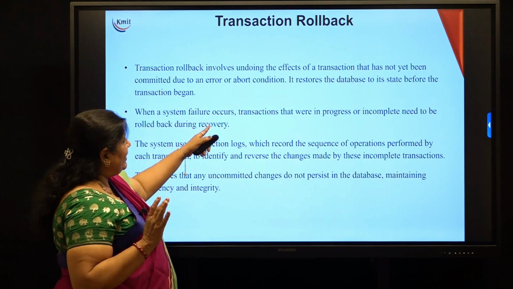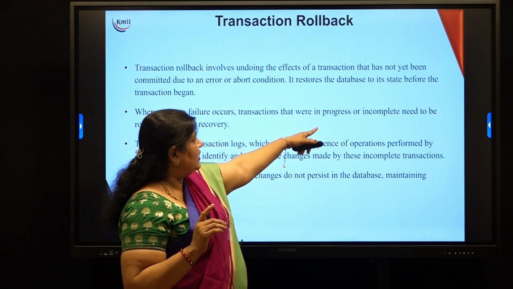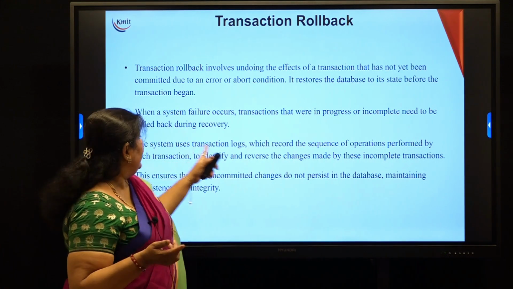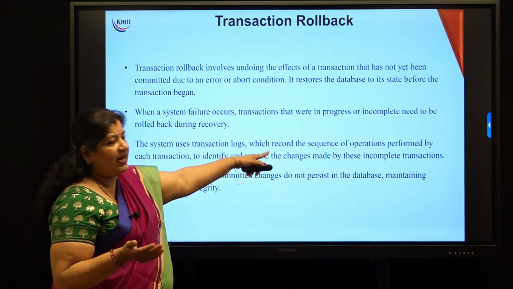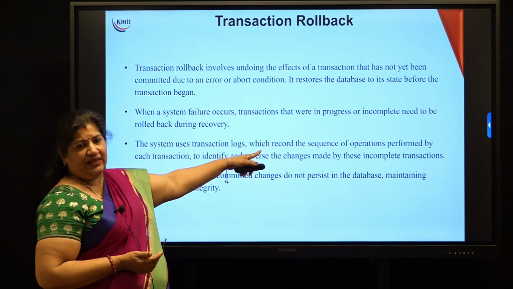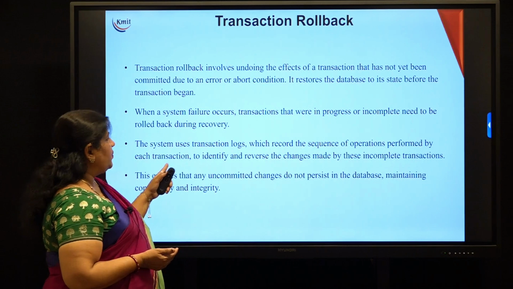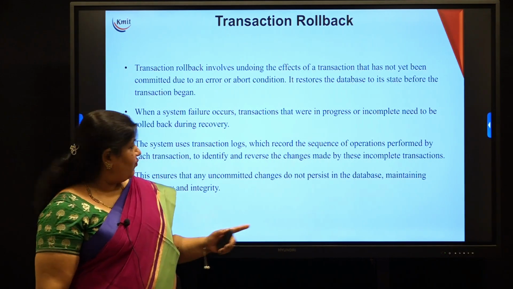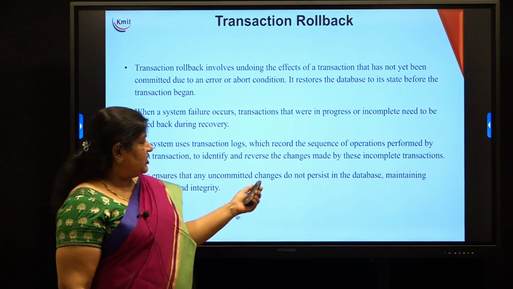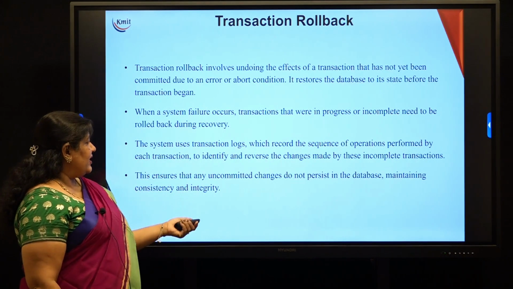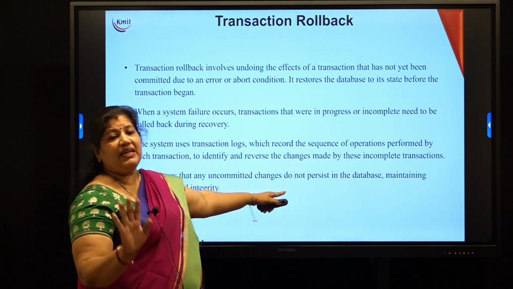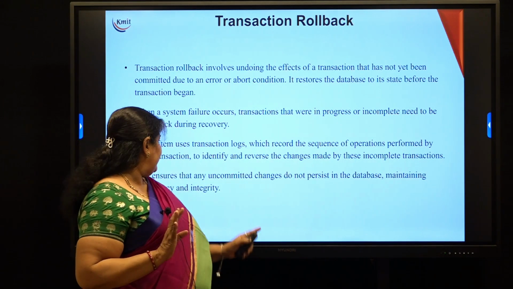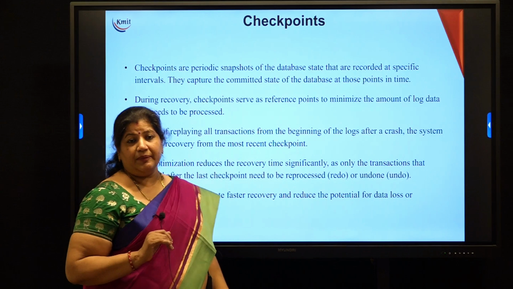When the system fails, the transactions that were in progress or incomplete need to be rolled back during recovery. For rolling back, it uses the log records: the sequence of operations performed in each transaction is identified and the changes are reversed. This is how the transaction rollback works. It will ensure that any uncommitted changes will not persist in the database, maintaining data integrity.